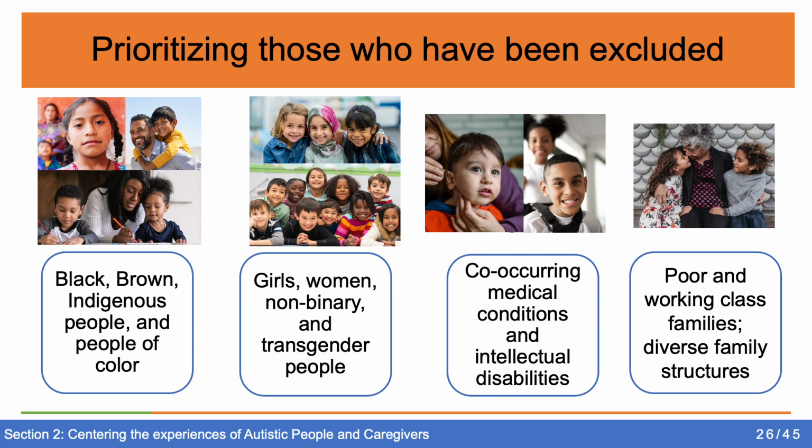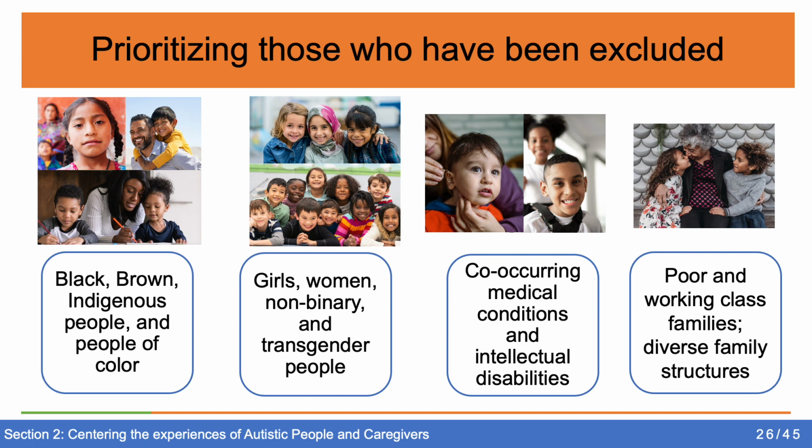As we reviewed in the previous module, many people have been excluded in autism research. Some of these groups include Black, Brown, and Indigenous people, and other people of color, girls, women, non-binary and transgender people, people with co-occurring medical conditions and intellectual disabilities, and people from poor and working class families or with diverse family structures.